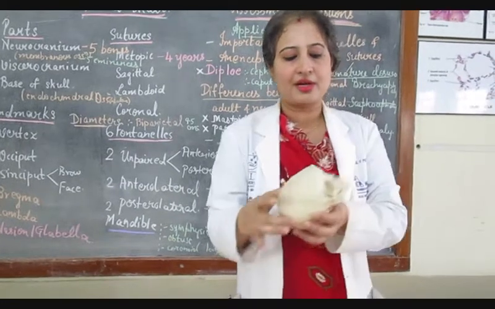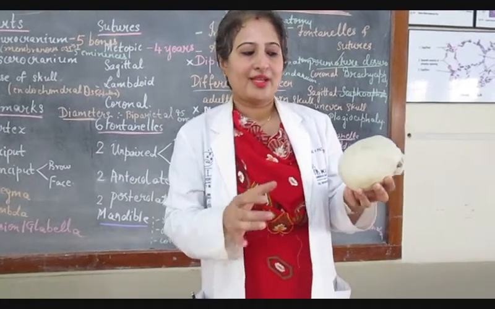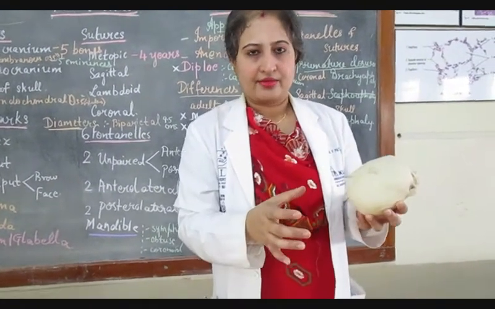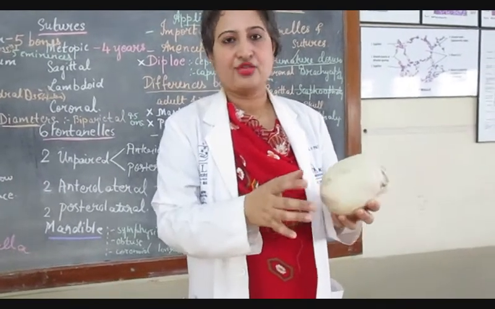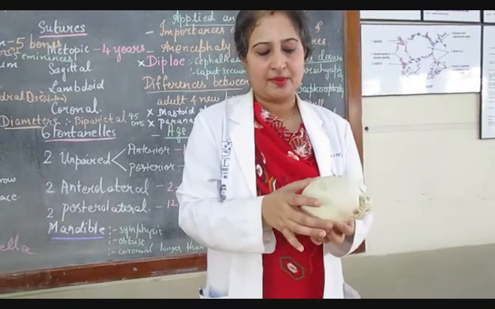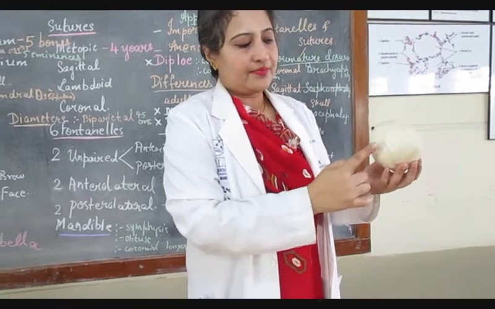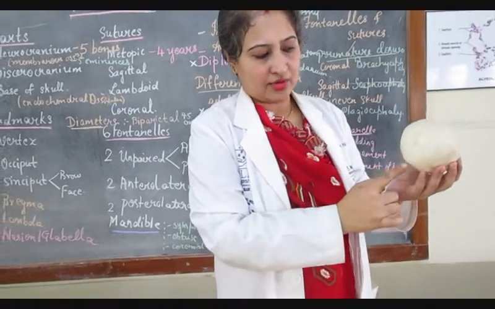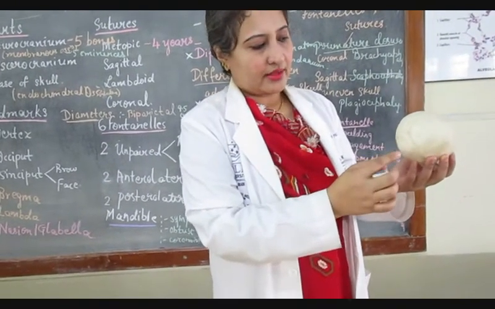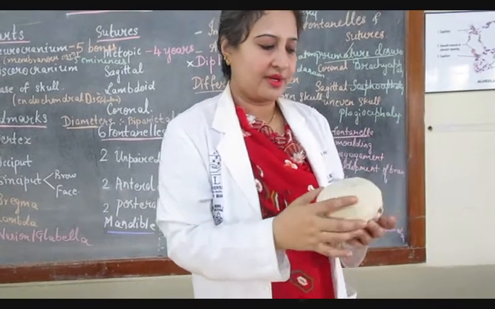So if this biparietal diameter can come out very easily during the labor, then the rest of the fetus will be delivered without any problem. Then this is the occipital region or the occiput, and this is the external occipital protuberance.